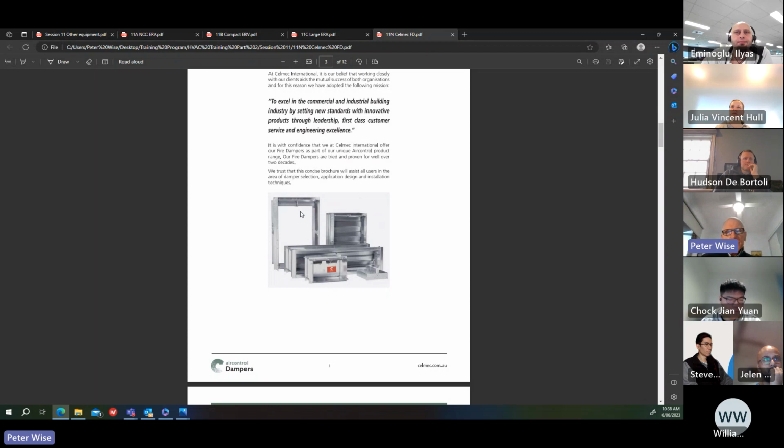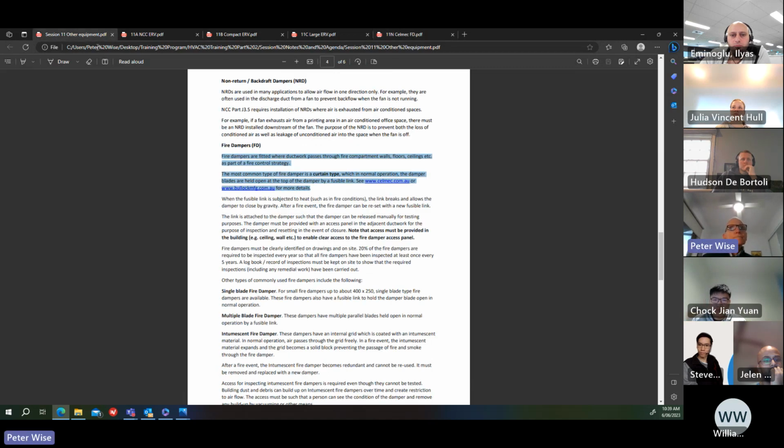So you need to be aware that there will be a pressure drop as the air passes through a fire damper. You're basically creating a sudden contraction and expansion at that point. So just bear in mind that there will always be a pressure drop of maybe 10 to 15 pascals as the air passes through. That needs to be taken into account.